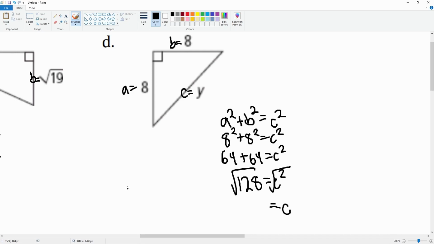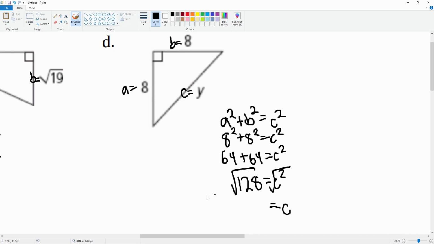The square root of 128 does have a perfect square in it. 128 can be divided by, let's see, 49, 36. No. 25. No. 8 times 8, 64.